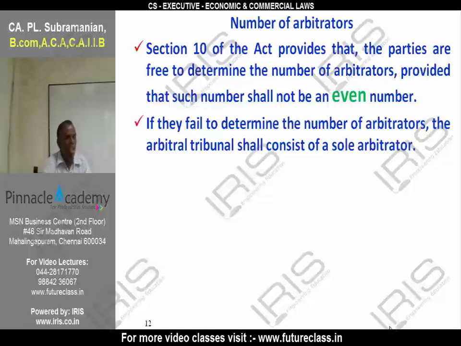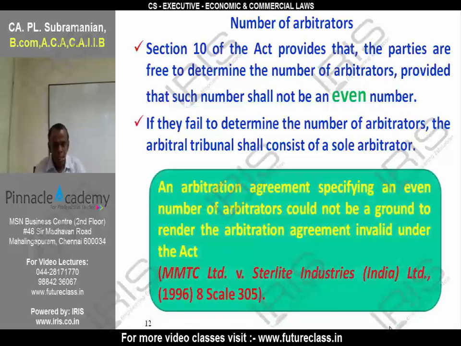Then also the arbitration agreement is valid, and one person will have to be appointed. An arbitration agreement specifying an even number of arbitrators would not be a ground to render the arbitration agreement invalid. MMTC Limited versus Sterlite Industries India Limited.